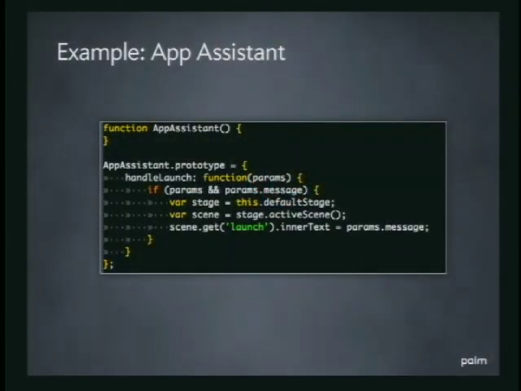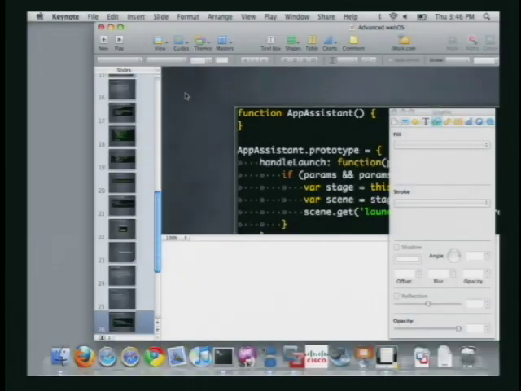Okay, so here's an example app assistant. I don't really need to do anything on setup or anything like that. So on handle launch, I'm actually just setting the inner text of some scene that I randomly decided to choose and putting the message in there. So I can actually show what happens there.